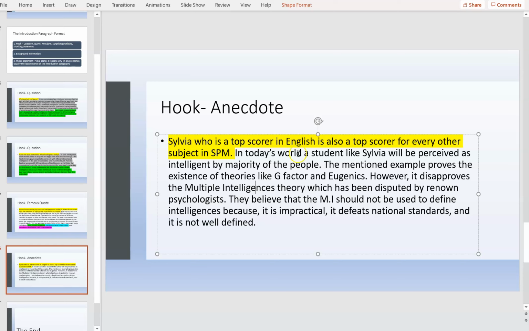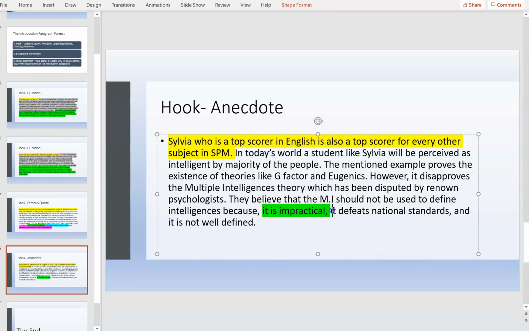So in today's world, a student like Sylvia will be perceived as intelligent by the majority of people. The mentioned example proves the existence of theories like G-factor and eugenics. However, this disapproves the multiple intelligences theory, which has been disputed by renowned psychologists. They believe that MI should not be used to define intelligence because it is impractical.